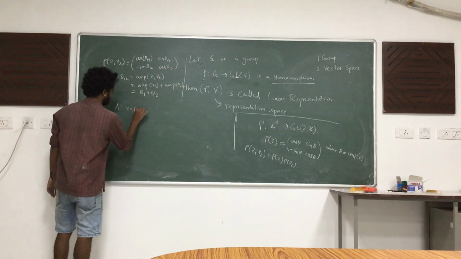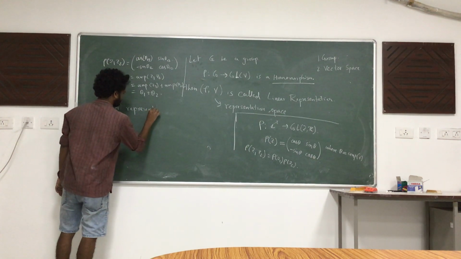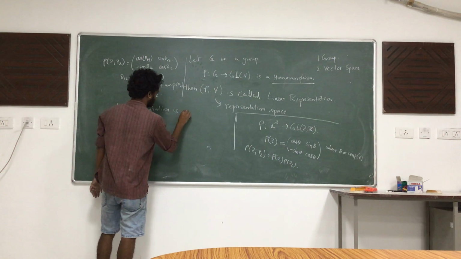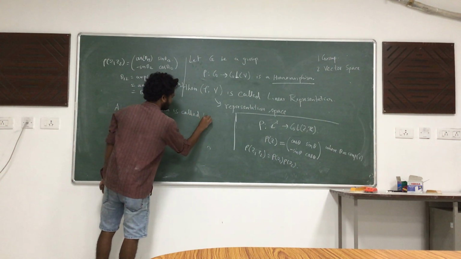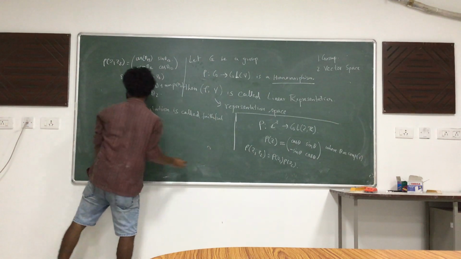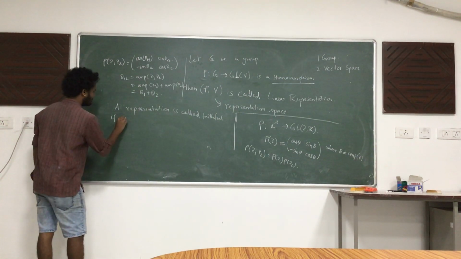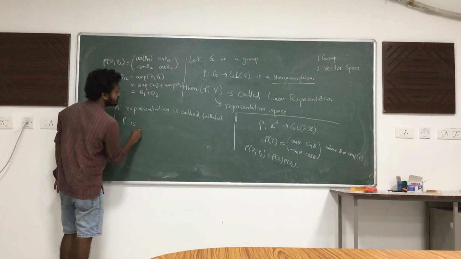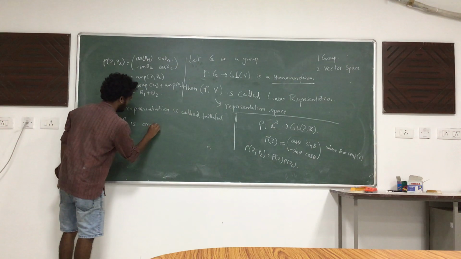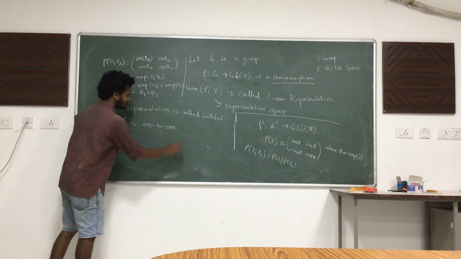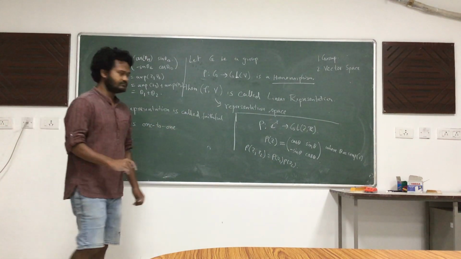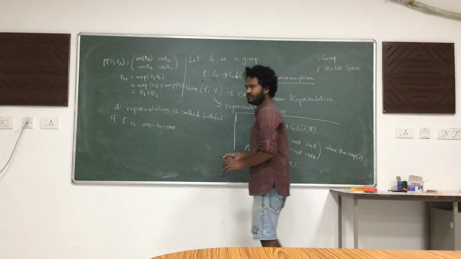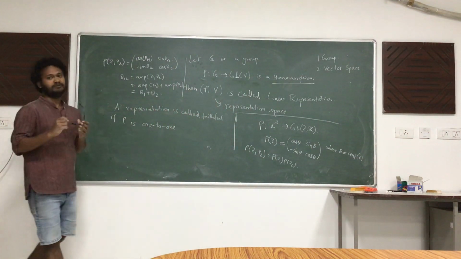Our representation is called faithful if rho is 1 to 1. If rho is 1 to 1, then it is called a faithful representation.